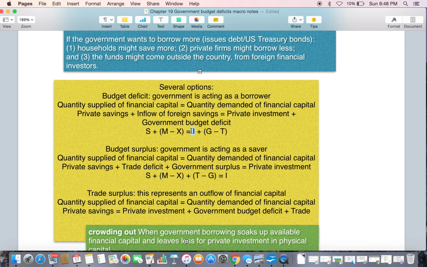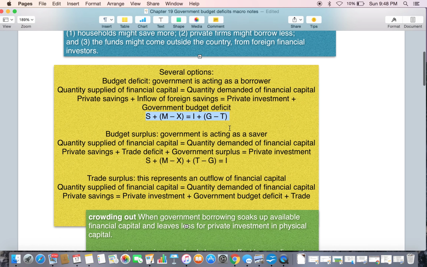They are demanding it to make investments such as buying machinery and tools and factories, etc. And government expenditures minus taxes would show that our government expenditures exceed our tax revenue. And so that amount by which government expenditures are greater than tax revenue represents our government budget deficit and represents the amount that will need to be borrowed by the U.S. government. So this organization of our formula is representative of when the budget is in deficit, when we're spending more than we're receiving in tax revenue.